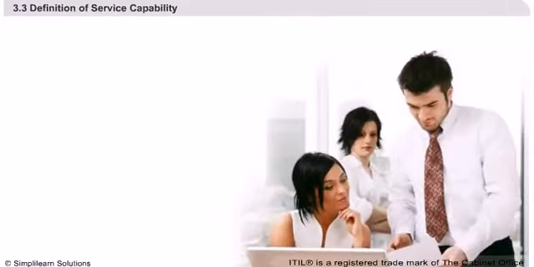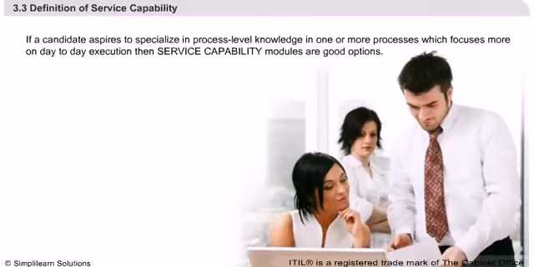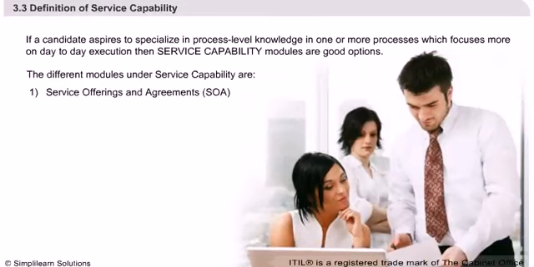Service Capability modules are for the candidates who aspire to specialize in process-level knowledge in one or more processes, which focuses more on day-to-day execution. The different modules under Service Capability are 1. Service Offerings and Agreements, SOA, 2.